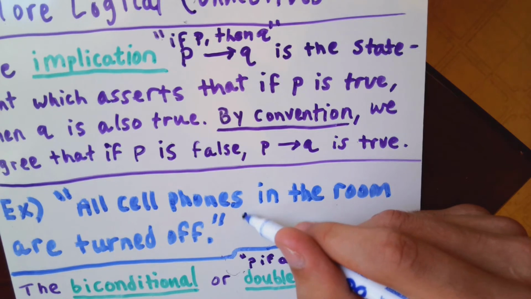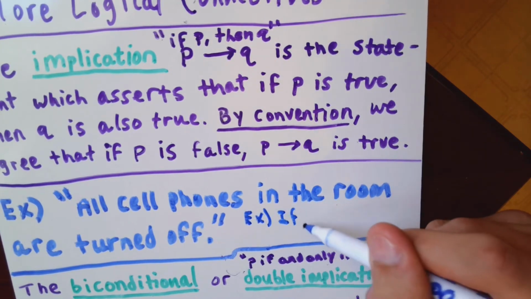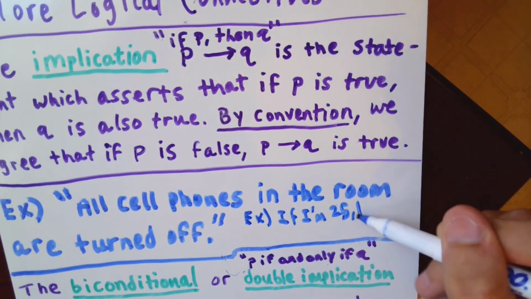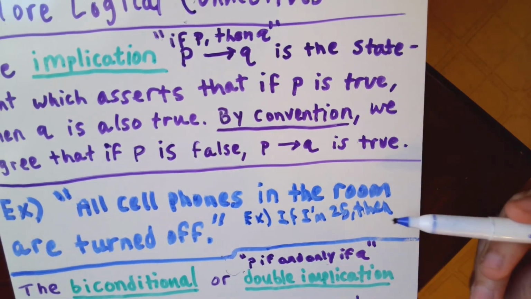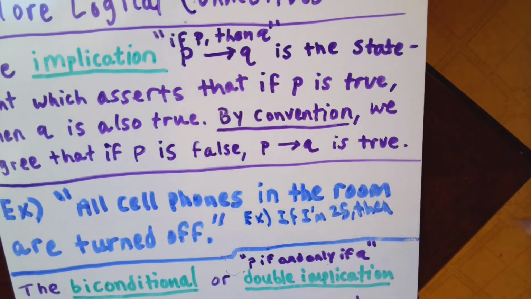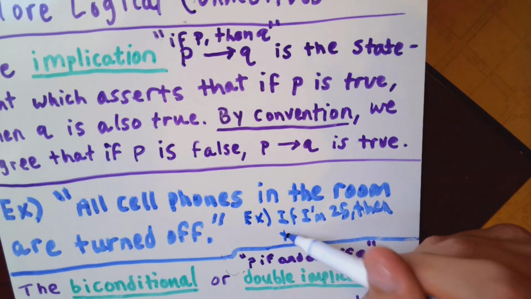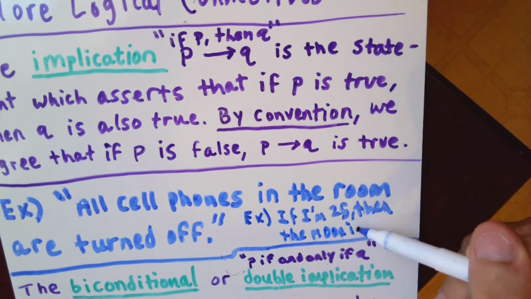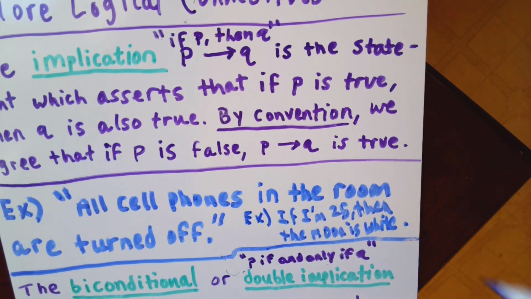Just as a side example, I'm coming up with something that's true first, and then something else that's true and totally unrelated. If I'm 25, then the moon is white.